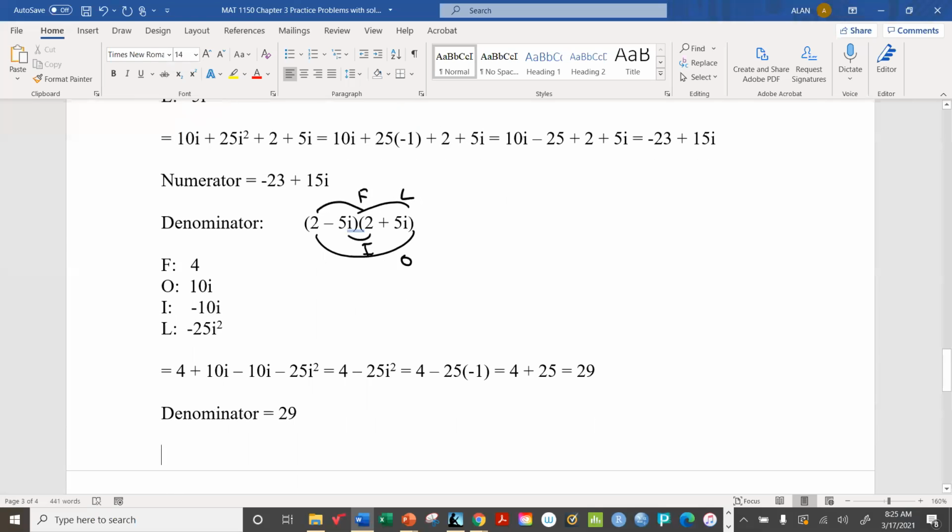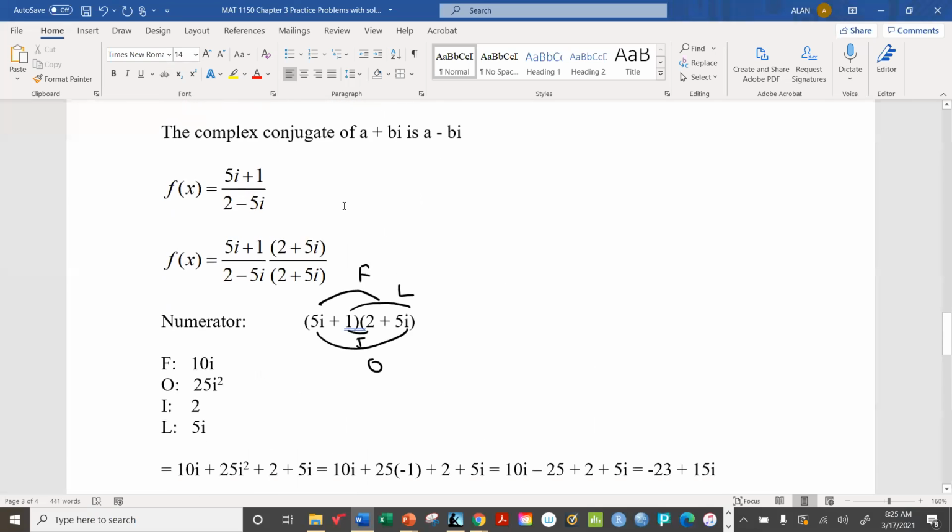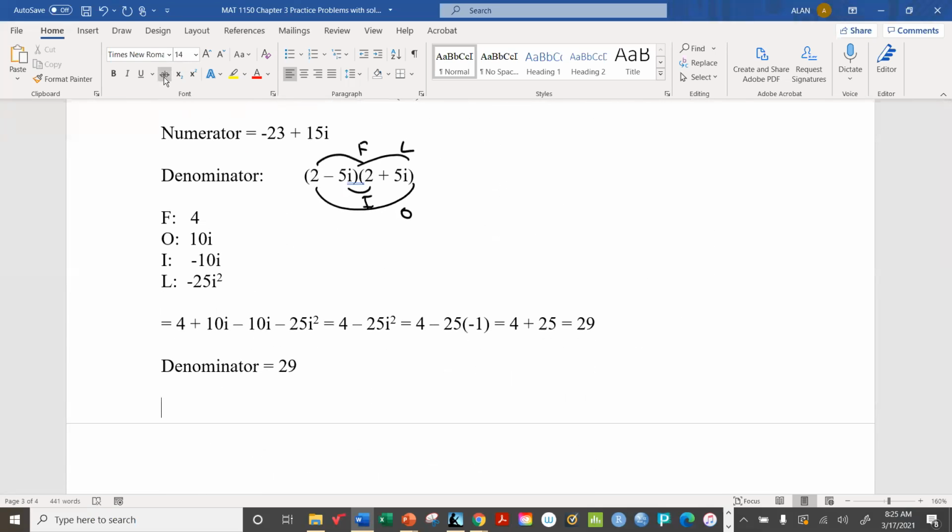And so finally, when the dust settles, our result is, let's put this in the equation editor because it's a ratio.